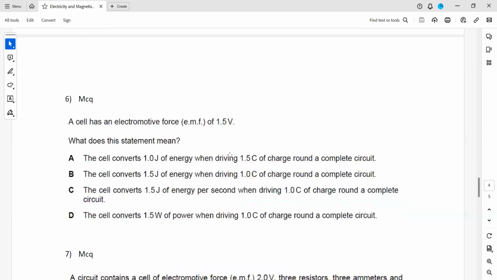A cell has an EMF of 1.5. So if the cell has an EMF, or electromotive force, of 1.5, what does it mean? It means that 1.5 joules of energy is supplied to one coulomb of a charge to move in a closed circuit. So how much energy is supplied to one coulomb of a charge to move?